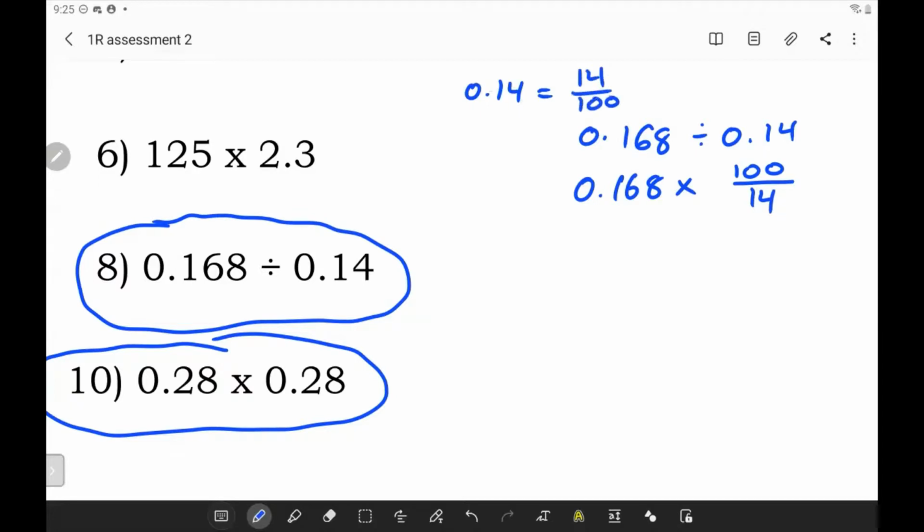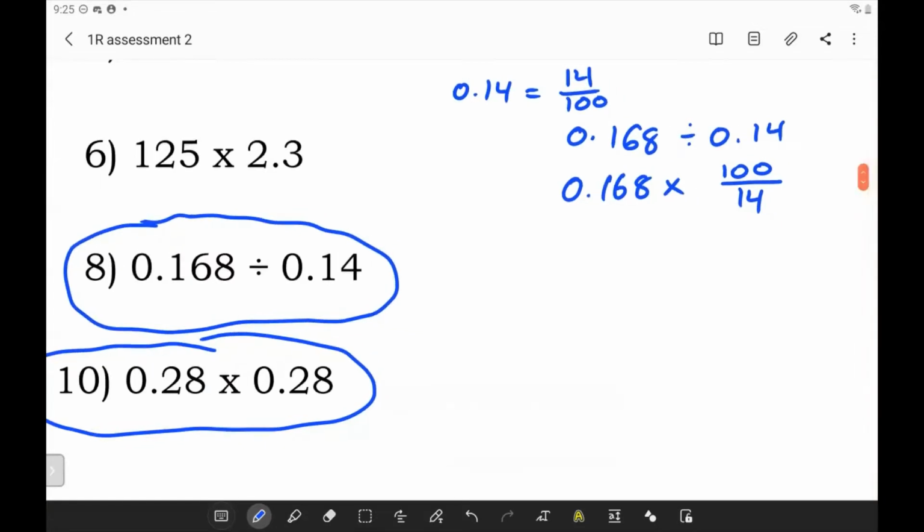Okay, and we can work this out. We can multiply the numerators, or you can change this to a fraction. Changing this to a fraction wouldn't be so hard. This is 168 over 1000 multiplied by 100 over 14.